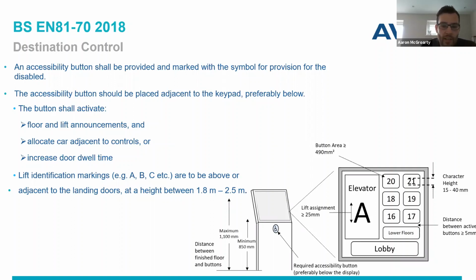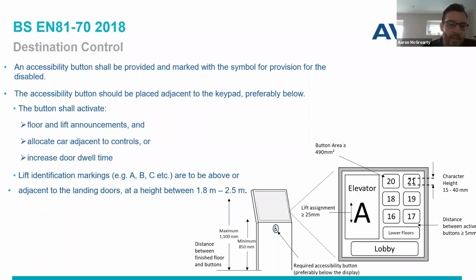Of course, you can buy a lot of these destination control stands as standard at this stage, and I would probably implore you to do that to avoid all the rigmarole of trying to assemble many components and get them to the right DDA compliance.